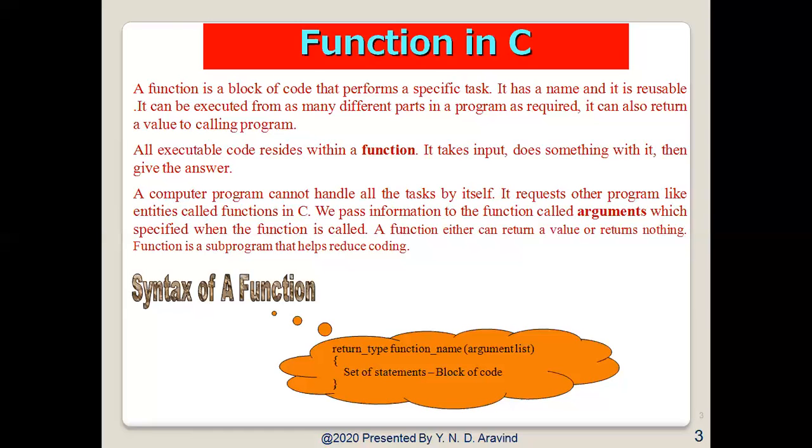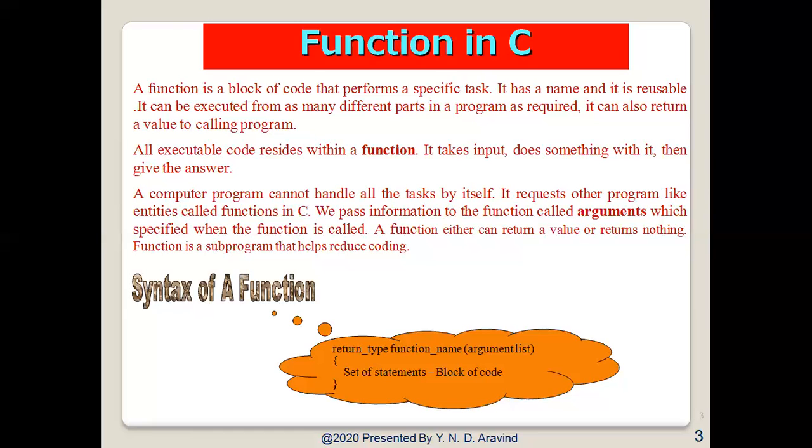Hence, the bigger program is subdivided into a number of smaller programs called subprograms or modules. Each subprogram specifies one or more actions to be performed from a large program. Subprograms are called subroutines or modules.